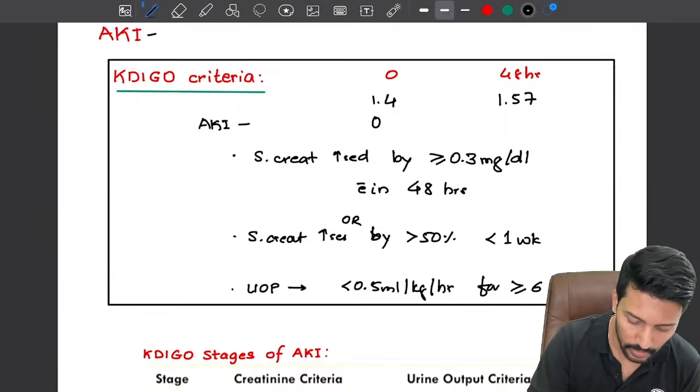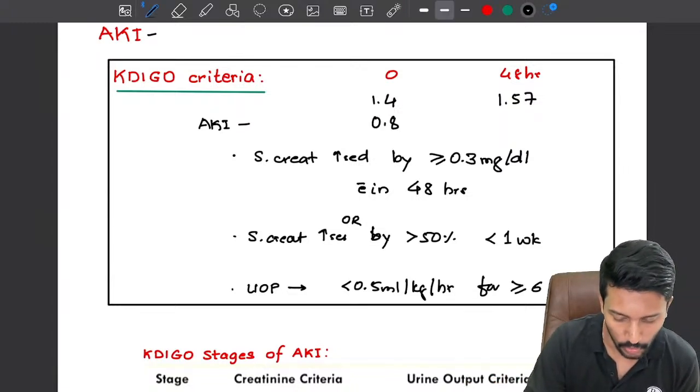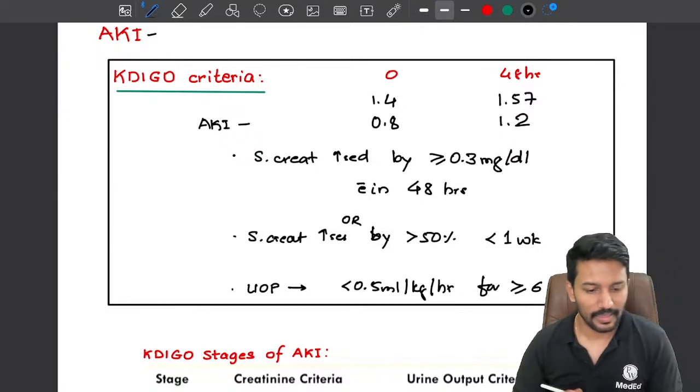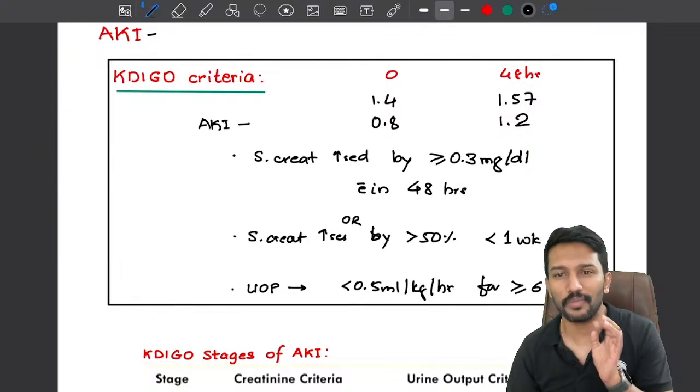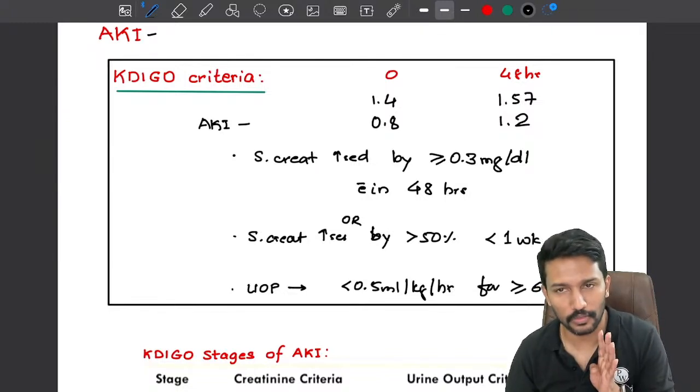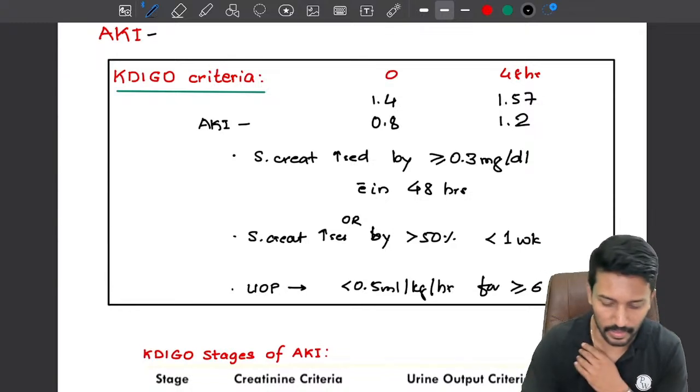Another patient whose creatinine was 0.8 has now become 1.2. Can I call this AKI? 0.8 to 1.2. There is a 0.4 milligram increase in 48 hours. So this can be called AKI.